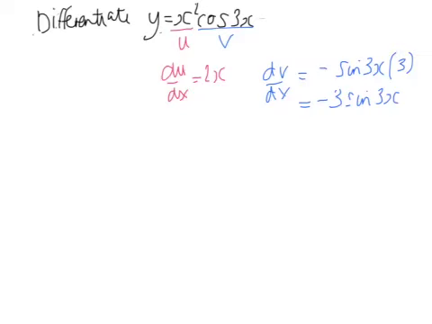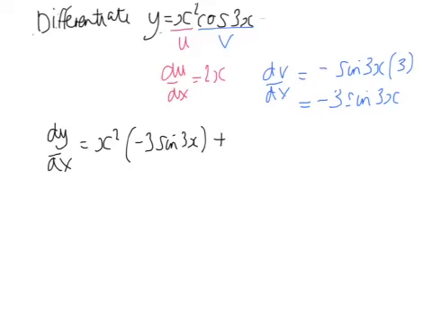Okay, so using our product rule, dy by dx is u times dv by dx, so that's x squared times minus 3 sine 3x, plus v times du by dx, that's cos 3x, multiplied by 2x. Okay, what can we take out there?